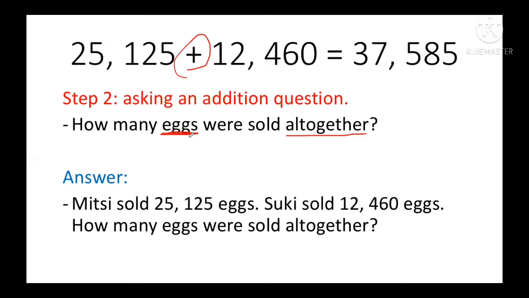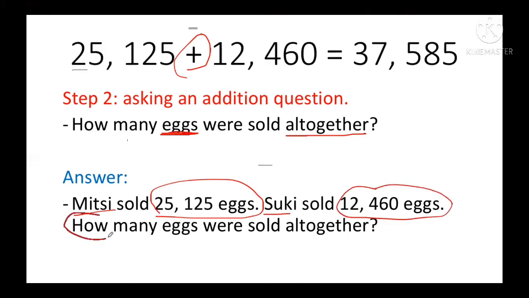Did you understand that one? You need to think of a name, which is part of step 1, another name, part of step 1, and then this is our step 2, the question. You are the one to think of all those words, but don't forget to use the given numbers.